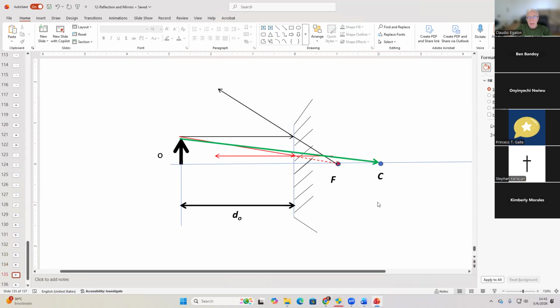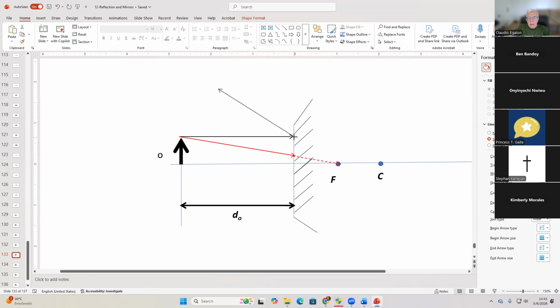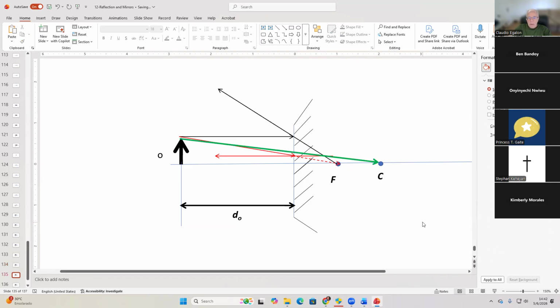Shrink it, paste it, shrink it, paste it, shrink it.